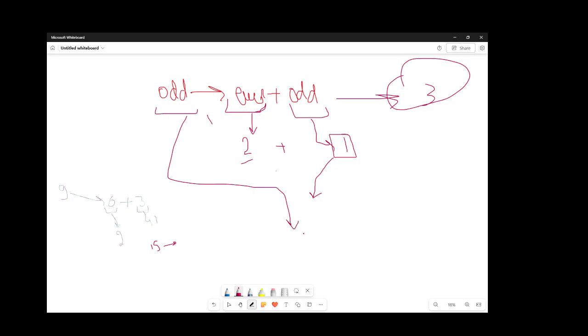So for all the odd numbers, we can write it as 3 plus even, because when we subtract an odd value from any odd number, the value we get is even. So for all the even, we already know that we can split it into P1 plus P2, and for P1 plus P2 the answer is 2, and here for 3, because it's a prime number, the answer is 1. So the overall answer is 3.